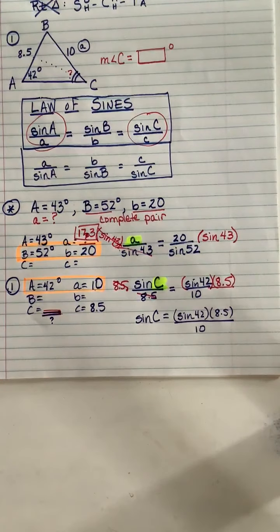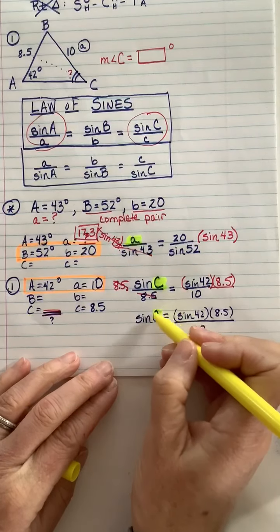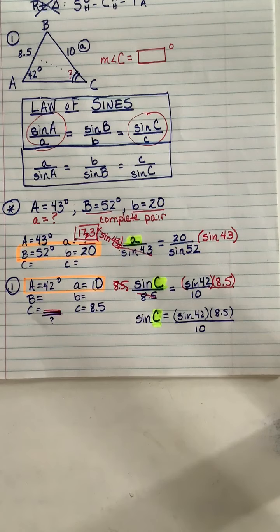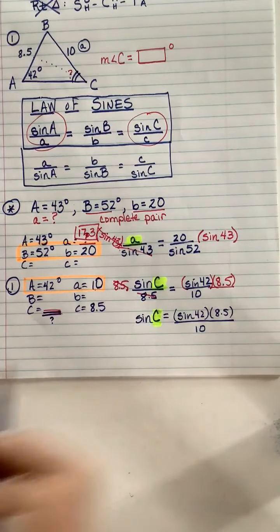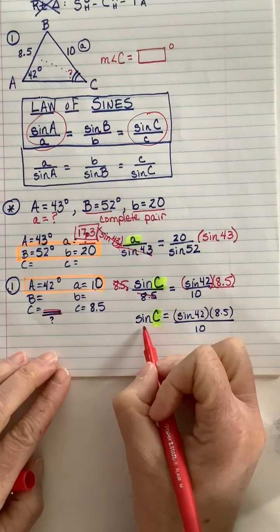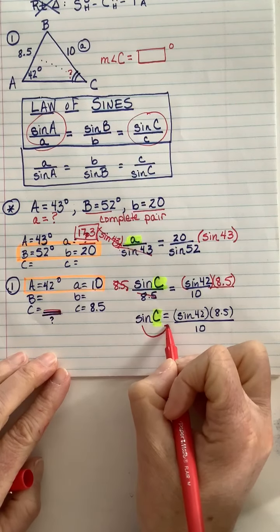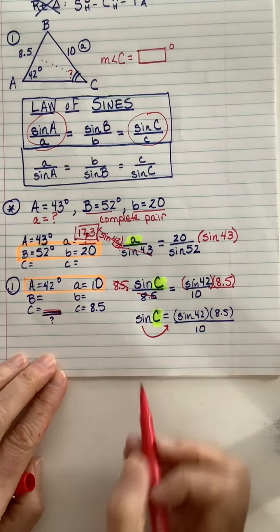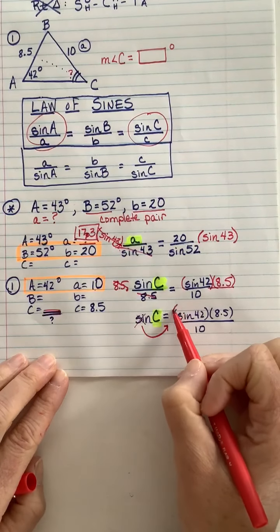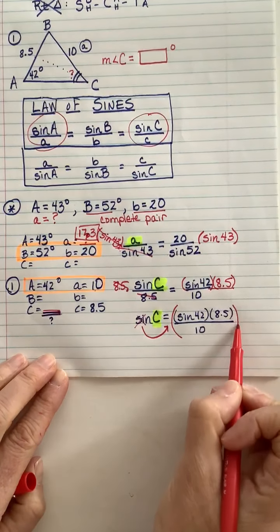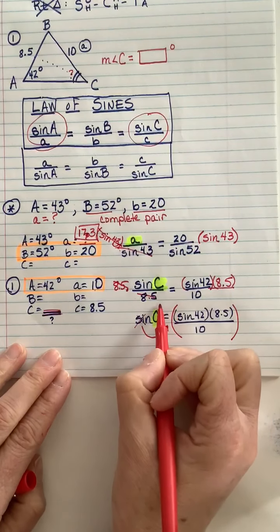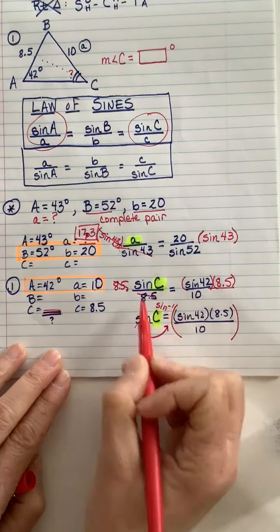So now the thing that I need to undo, this brings me back to last week, is this sine. How do you undo sine? Oh, of course, inverse sine, which means I need to take, this is where I'm going to get a little messy, I need to take the inverse sine of all that stuff.